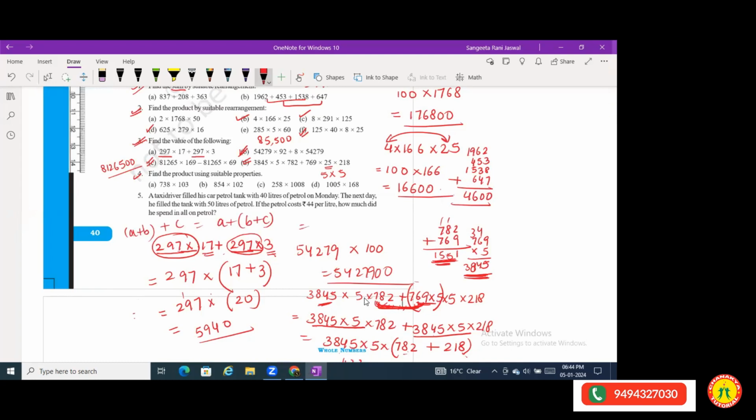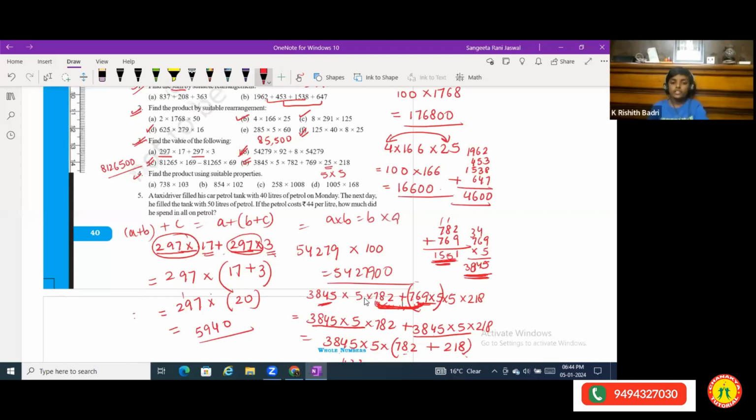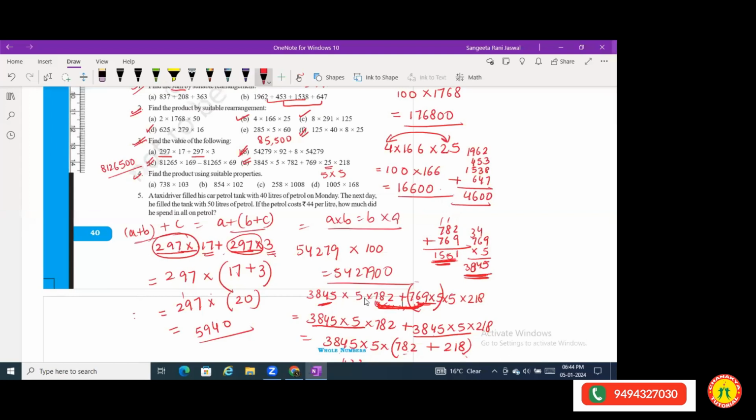Commutativity was what? Like A into B is equal to B into A. If you add them in any order, the answer will be the same. So let's do this. Find the product using suitable properties. Now, the first one is 738 multiplied by 103. Now, see the 738 multiplied by 103.